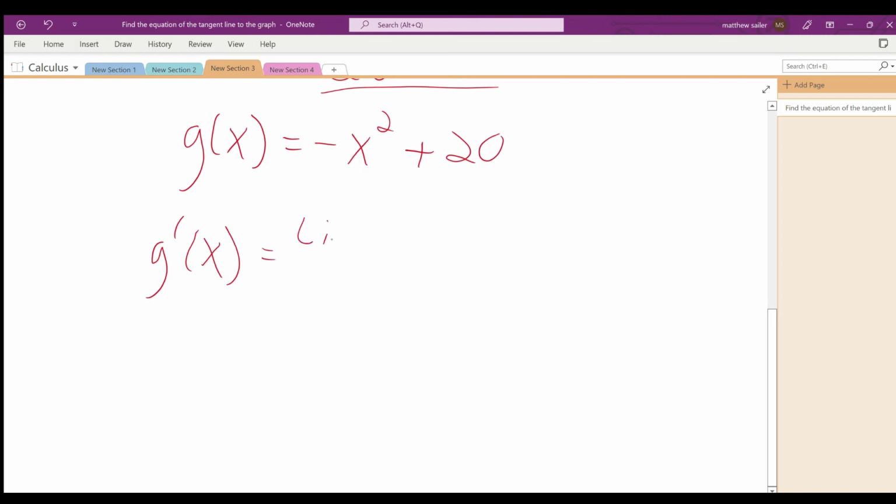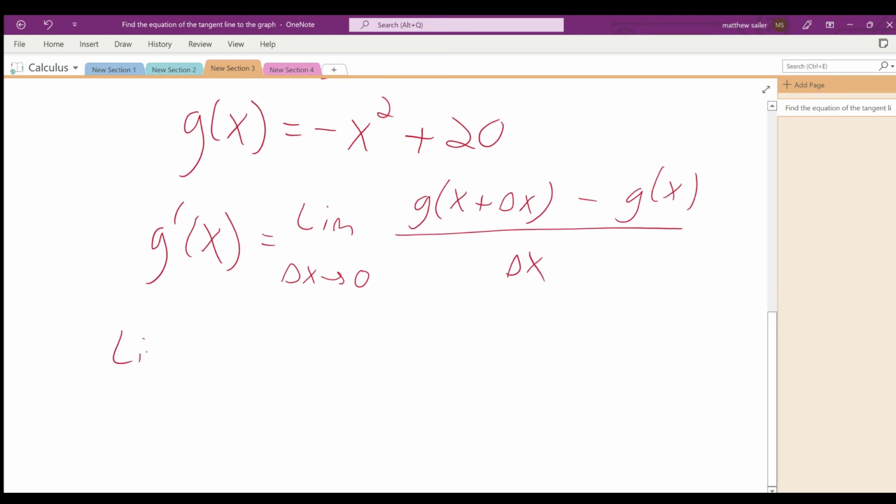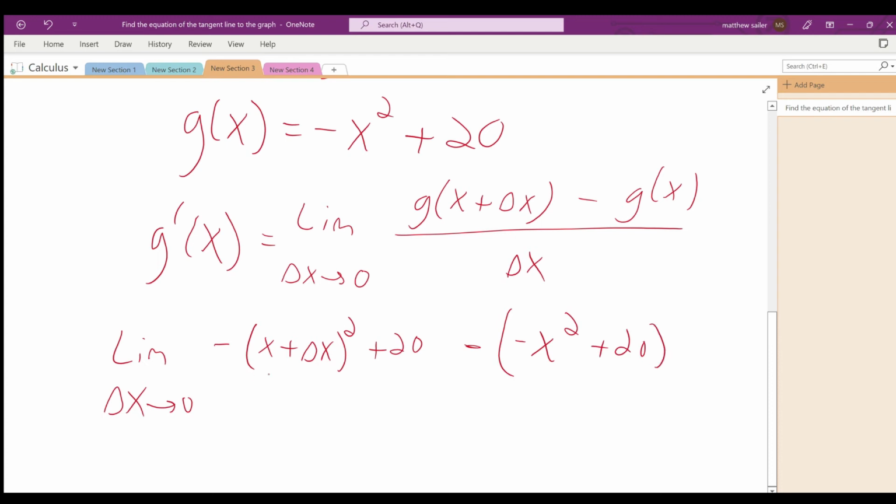is going to equal the limit as delta x approaches 0 of g of x plus delta x minus g of x over delta x. And this is going to equal the limit as delta x approaches 0 of negative x plus delta x squared plus 20 minus, and again we're subtracting the entire function, so this has to be in parentheses, minus negative x squared plus 20 divided by delta x.